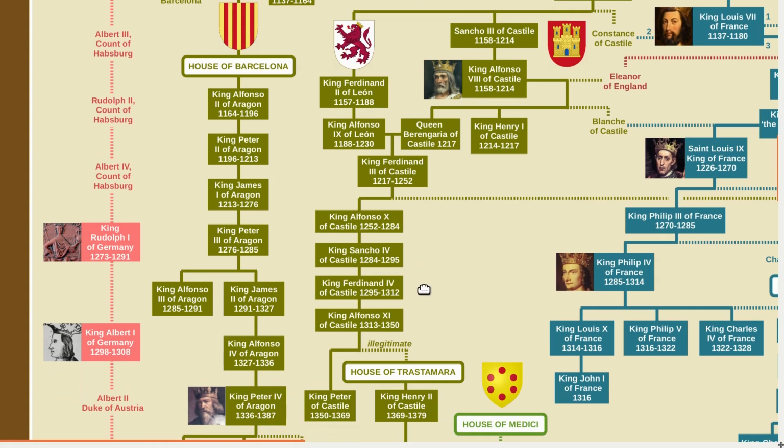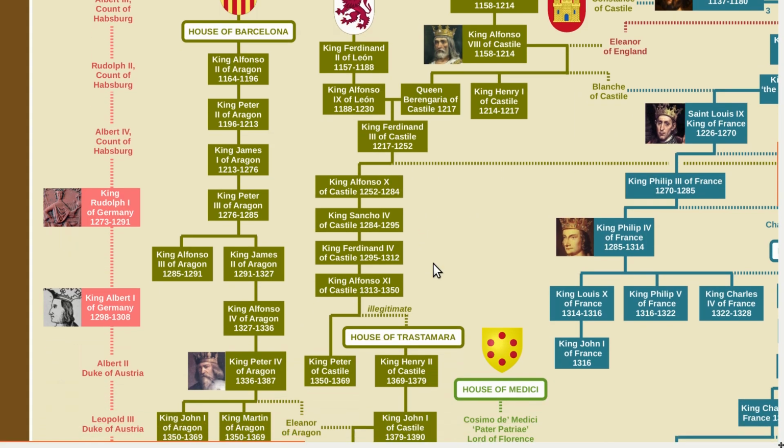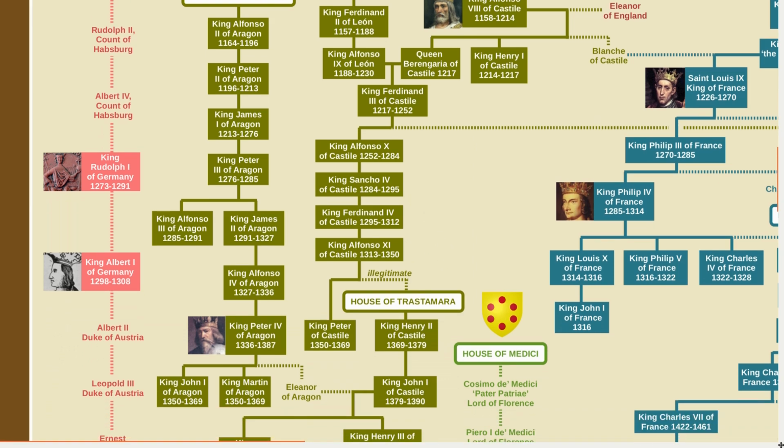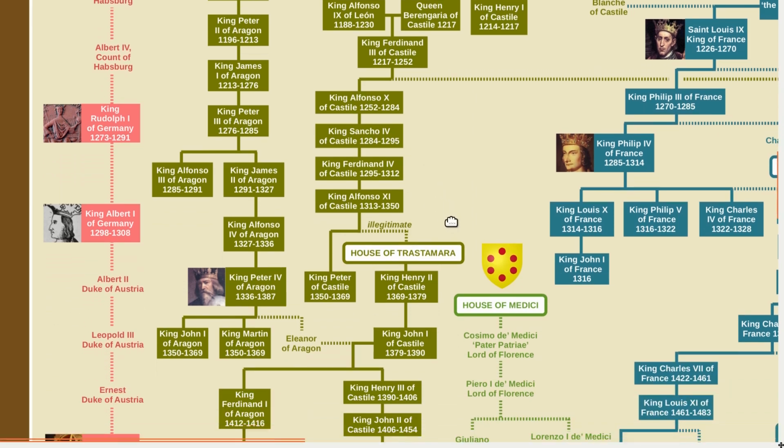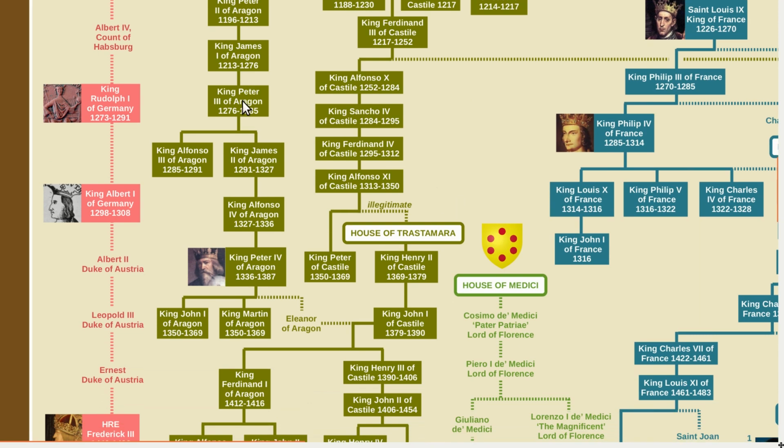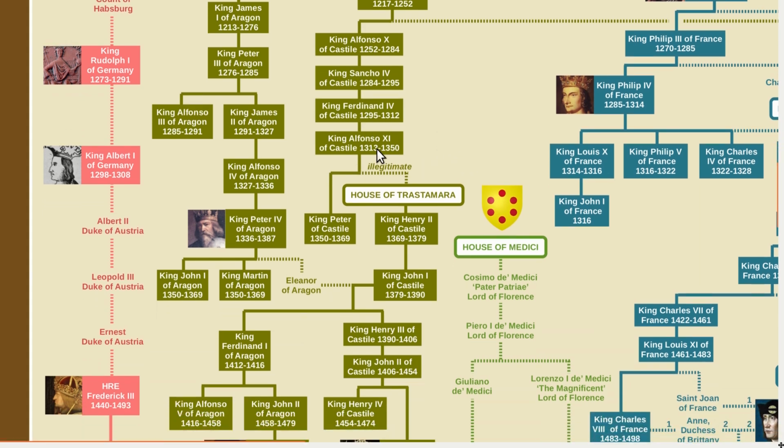But let's keep going on to look at what happens with Aragon and Castile, because they end up being the two largest kingdoms. You can see the Aragonese line here and the Castile line here. Now, after a king named Alfonso the 11th, we get an illegitimate line here.